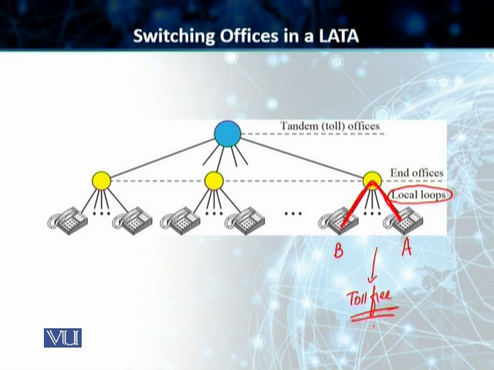Now students, there may be other instances where the call has to go through a tandem office or an intra-LATA toll office, and we say that a toll is charged. For example, if this A now wants to talk to C here, then in this particular case, the call will be switched by the end office to the tandem office to the end office for C, and then it will end.